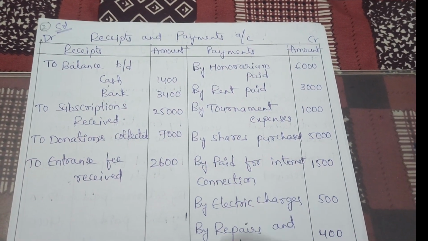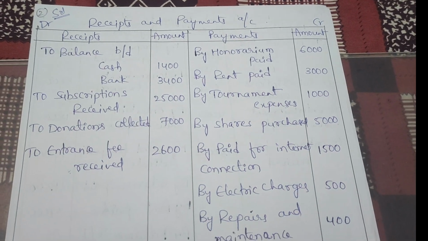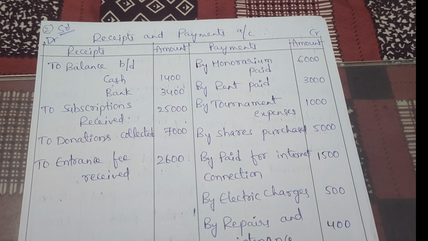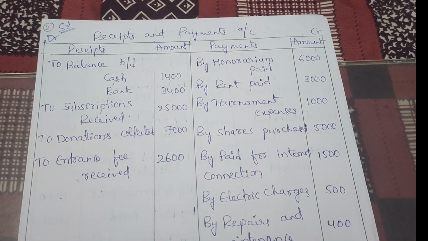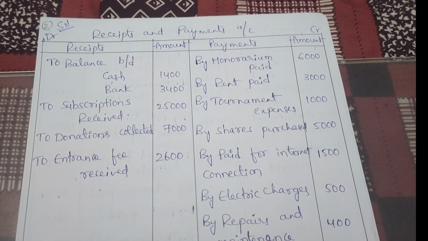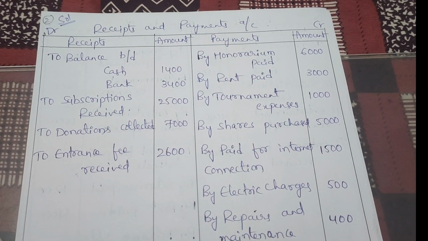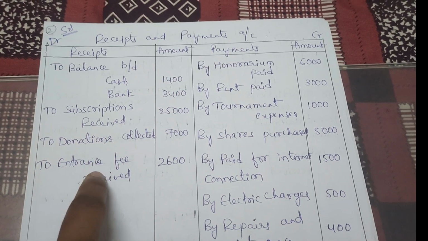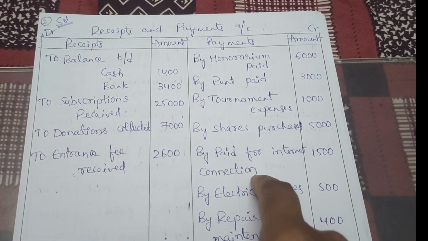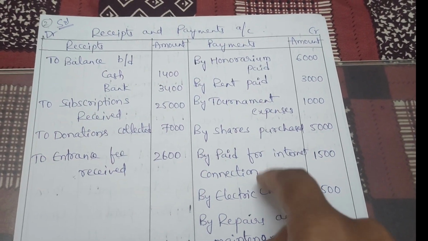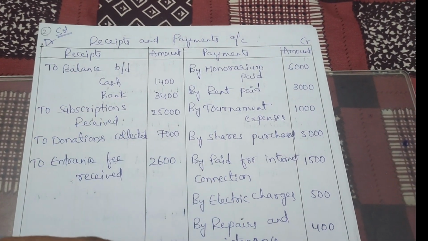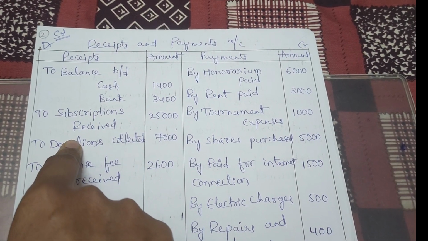So we should decide what kind of item it is. Then we can write on the debit side as well as on the credit side depending upon its nature. If it is a receipt or any collections, then we will record on the debit side. If any payments or expenses are there, then we will record on the credit side. If cash is coming into the business, we record on the debit side.